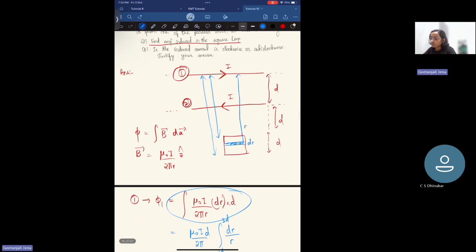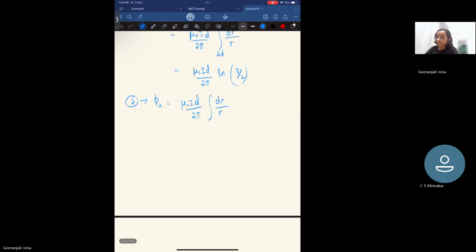And what will be the range for the r? It is d to 2d. Yes. So this is mu naught I d by 2 pi ln 2.